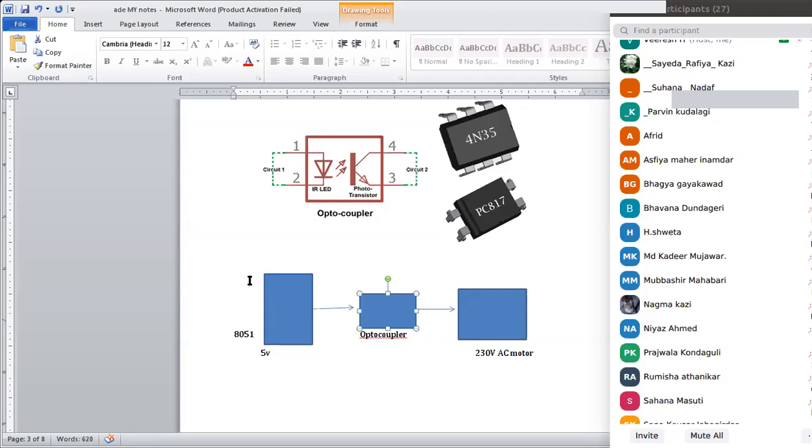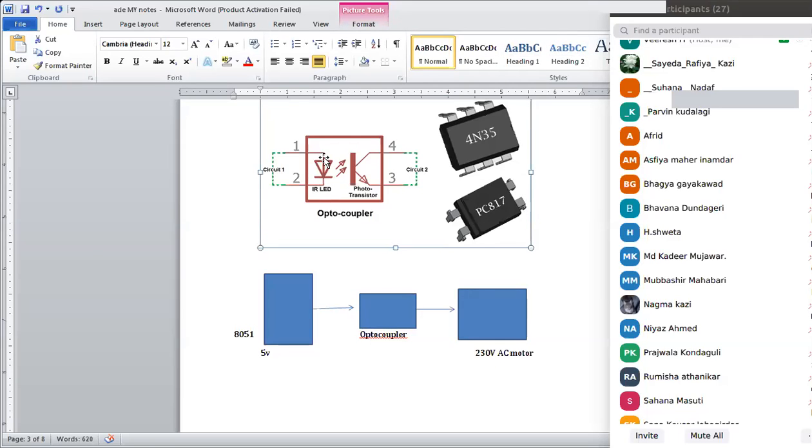What this optocoupler does is, whenever the microcontroller generates a signal, that is given to the IR LED to switch it on. If the 8051 wants to switch on the AC motor, it will send a signal to the optocoupler. A small amount of current and voltage is given to the optocoupler. So first, the input signal is given to the IR LED.